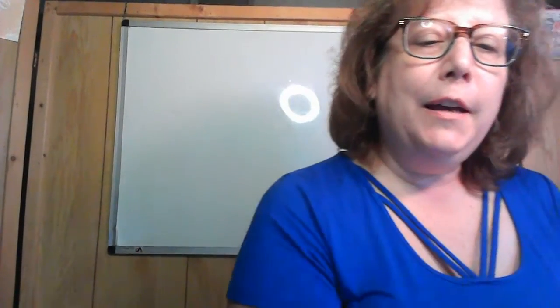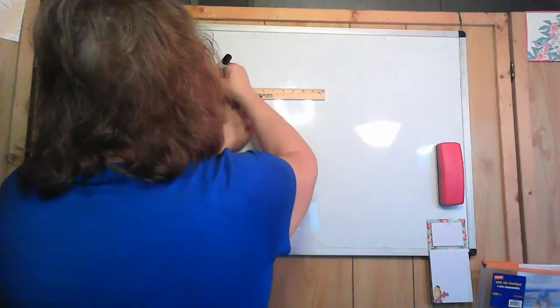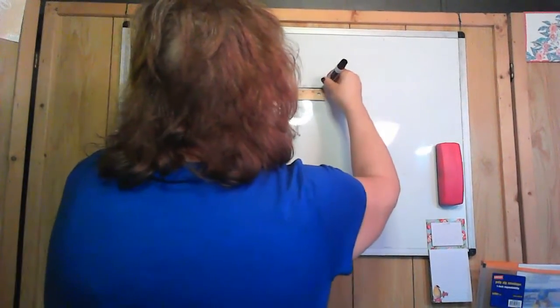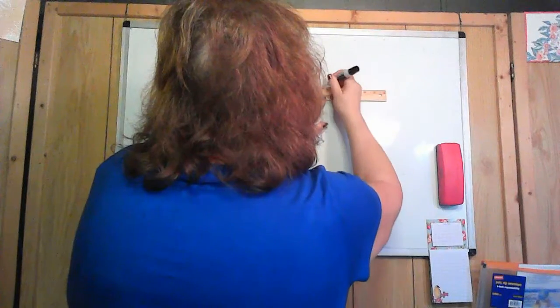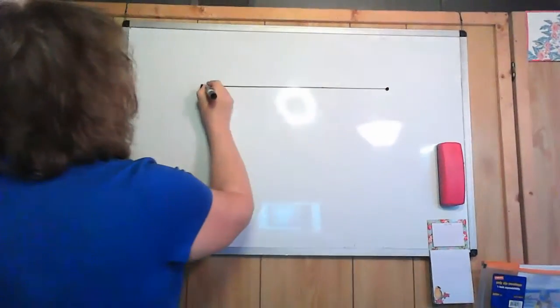Now they give us a line here, or a segment. Let me put it up for us. Make it a little bit longer here so we can see it. Points on both ends means we've got a segment going there.